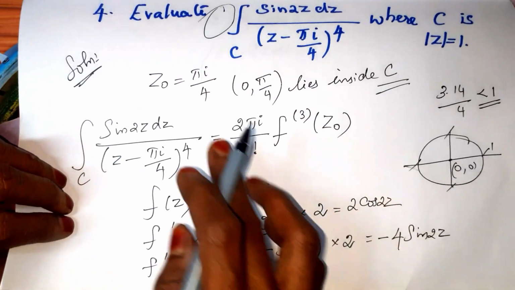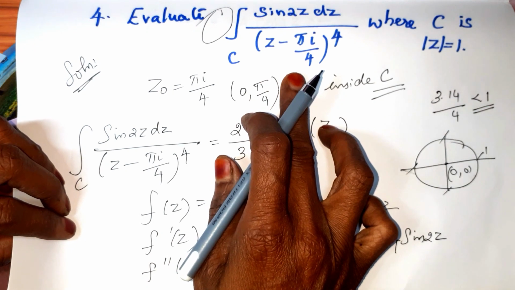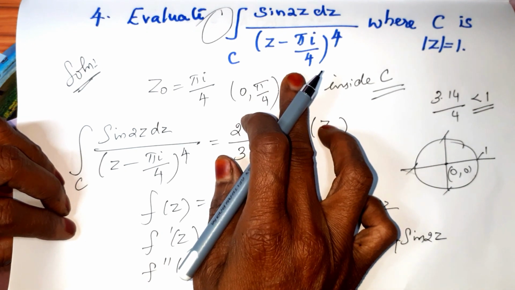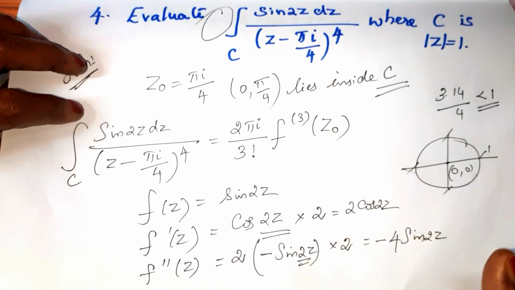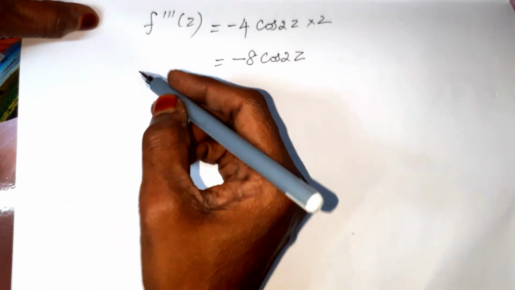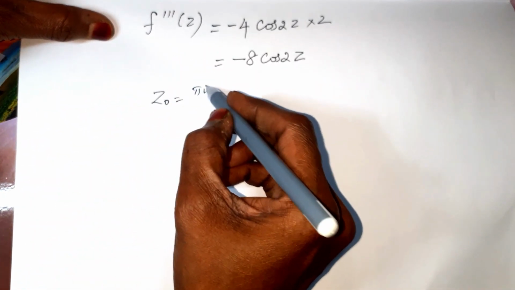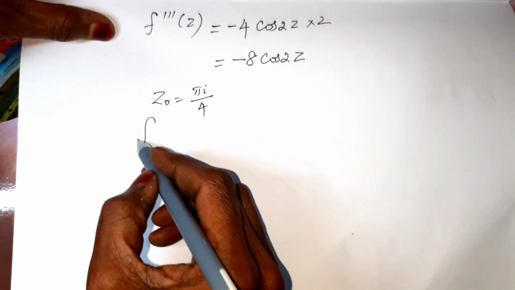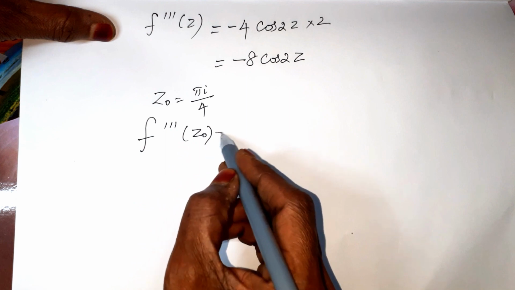And what is our z naught given? z naught is pi i by 4. So z naught is equal to pi i by 4. We have to find f triple dash of z naught.